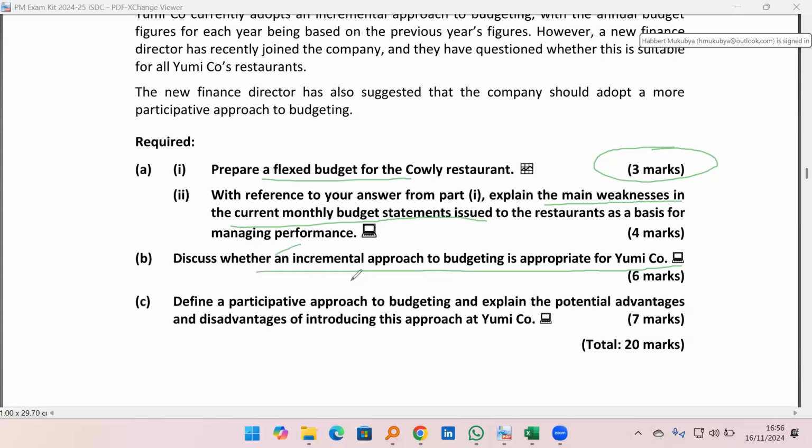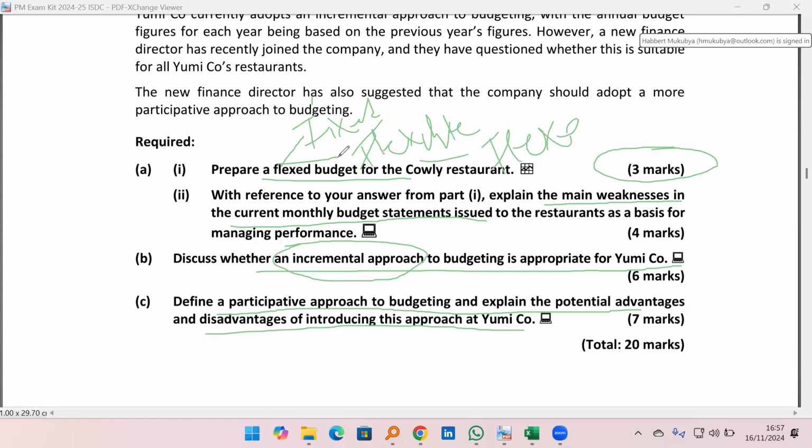There's another thing called incremental budgeting. Then you also have to discuss that, and then define a participative approach to budgeting and explain the potential advantages and disadvantages of introducing this approach. So this question tries to bring several aspects of budgeting. First, starting with the fixed budget, then you are looking at the flexible budget, and also the flexed budget.